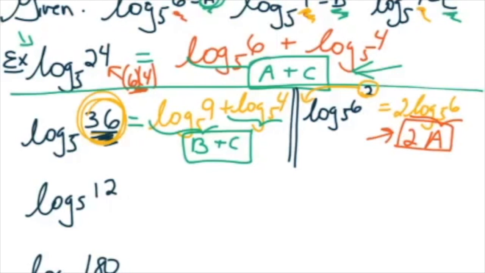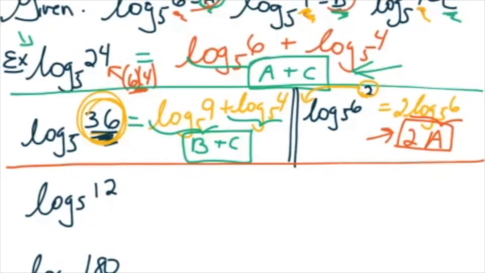So we can actually express these things in different ways using a, b, or c, or a combination of any of them. If you're getting what's going on now, hopefully. All right, so check out the log of 12. And you're like, oh, wait a minute, what's going on here? I don't see 6, 9, and 4 making up 12, but you do know some products of 12 that could help us here, right?